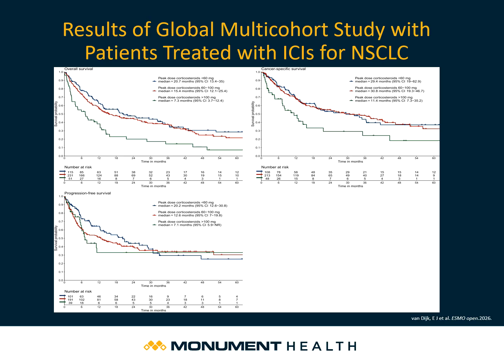These results are not surprising because higher corticosteroid doses lead to higher immunosuppressive effects that impair the capability of immune checkpoint inhibitors to enhance the capability of T cells and the overall immune response to destroy cancer cells.